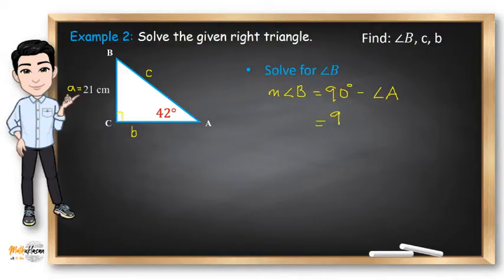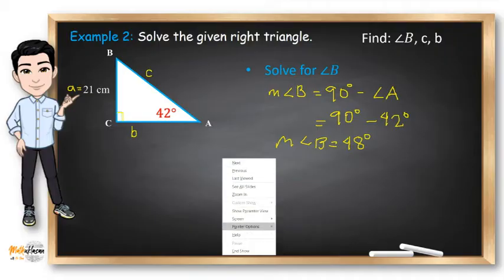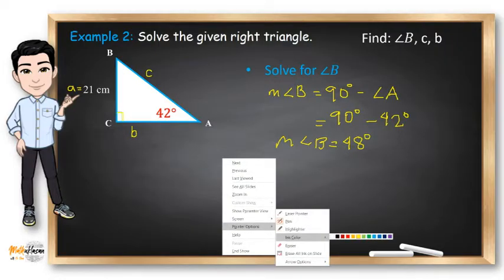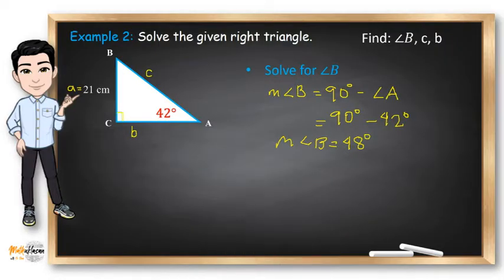So, 90 degrees, and since angle A is 42 degrees, what is now the value of angle B? Yes, angle B is 48 degrees. So, we can now write the missing value of angle B, which is 48 degrees.